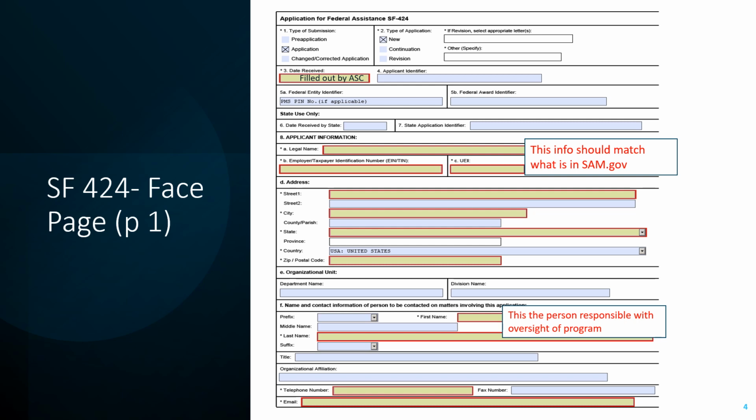Usually the person named in F is a program manager, and the person that's signing for the organization is usually the director, VP level. Please also include your telephone number and the email address, because that is the quickest way for us to get in contact.